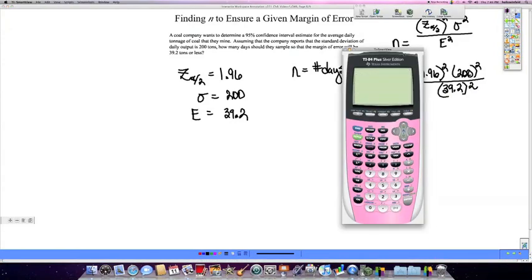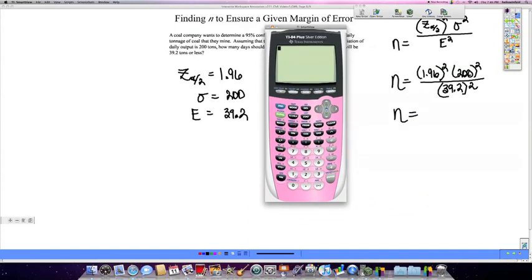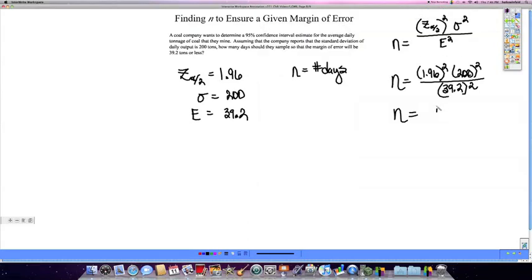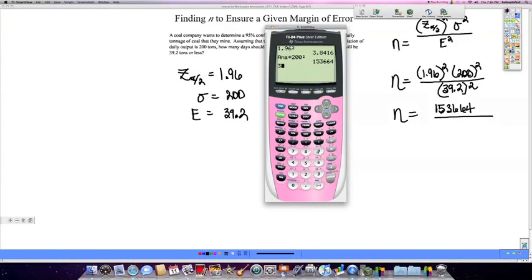And on our calculator, we'll simply calculate. And we have a numerator of 153,664. The 39.2 squared is an even nicer number.